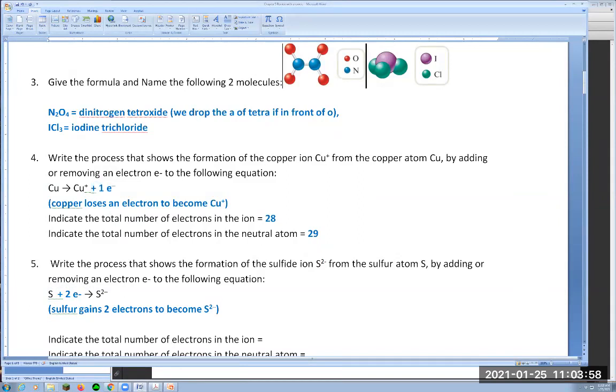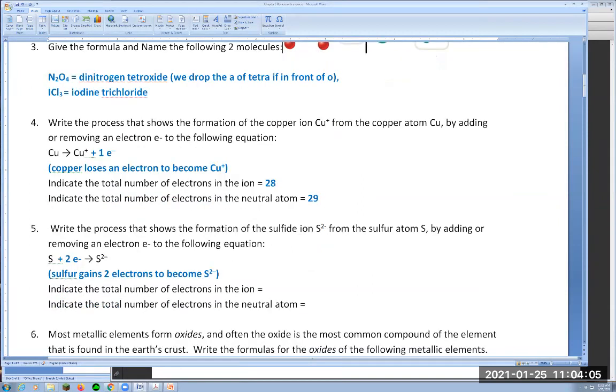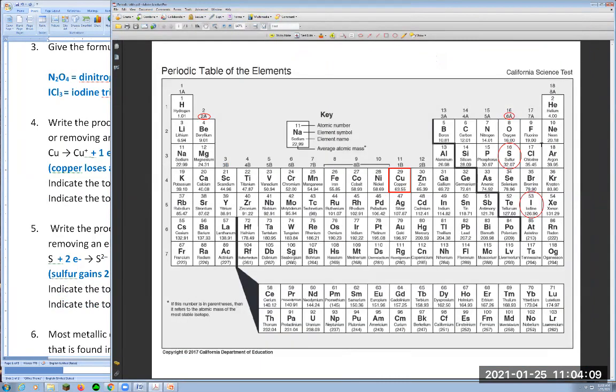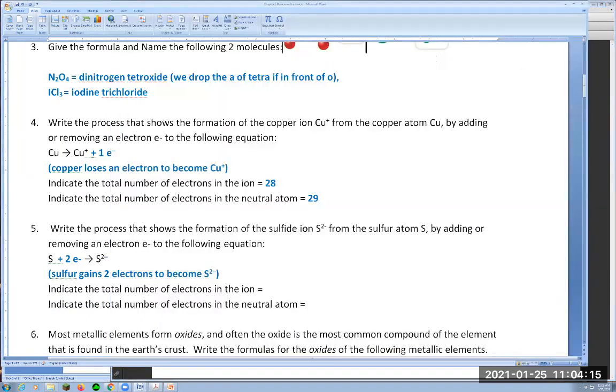Okay, so that's how we show this. So now let's find the number of electrons in the neutral atom of sulfur. Sulfur is atomic number 16, so the neutral atom will have 16 electrons as well, 16 protons, 16 electrons. And when it becomes the sulfide ion, we know it has gained 2 electrons, so it's going to be 18, because we have 2 more electrons compared to the neutral atom.